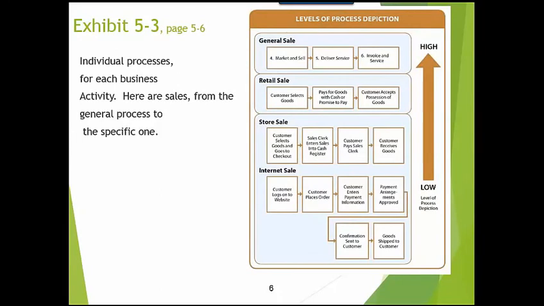Okay, so the next page, on page 5-6, we're looking at the level of process depiction. Okay, so the issue becomes, as we are looking at a process, and here what we're looking at is the sales cycle, we need to understand that the sales process can in fact be very simple.